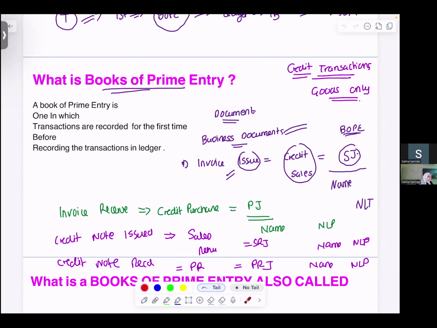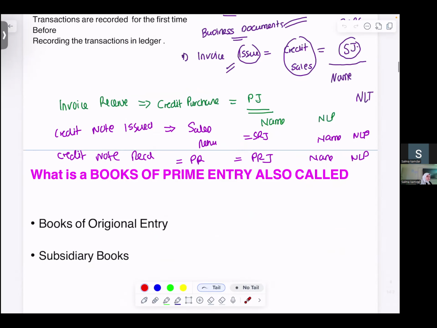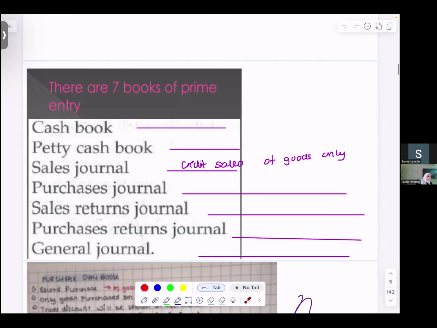So we have our 7 books of prime entry. In the cash book, you record all cash transactions. In the petty cash book, you would record small transactions. In the sales journal, you are going to record credit sales of goods only.